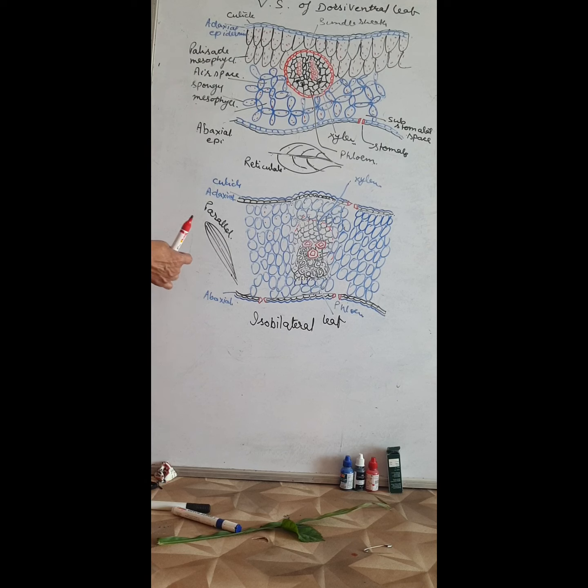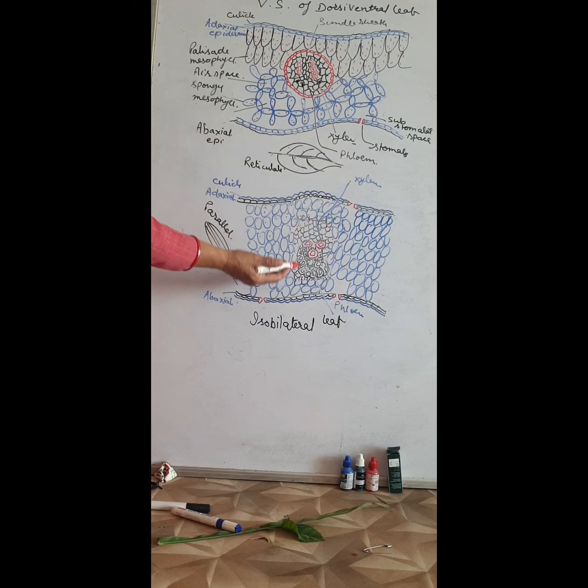In grasses, certain adaxial epidermis cells modify themselves into large, empty, colorless cells called bulliform cells that absorb water and become turgid. So these bulliform cells help the monocot leaf to reduce water loss. For that the leaf becomes rolled, so the transpiration is less and the water loss is minimized.